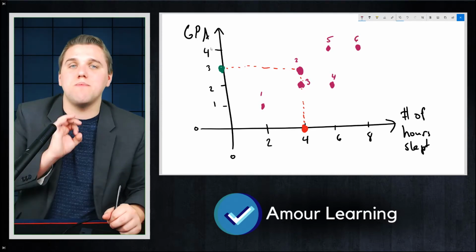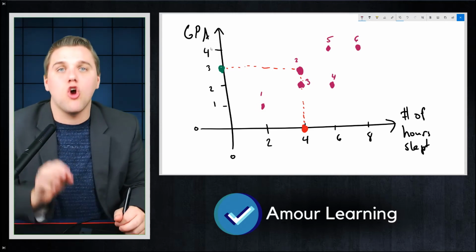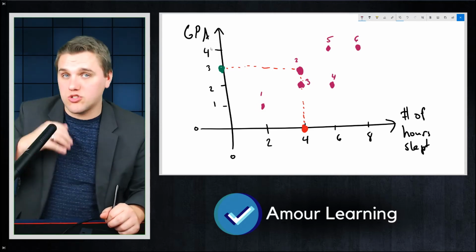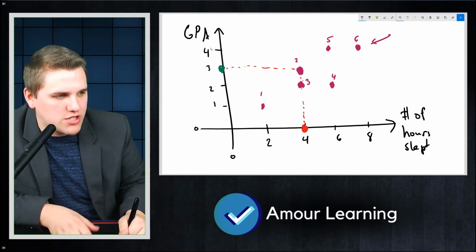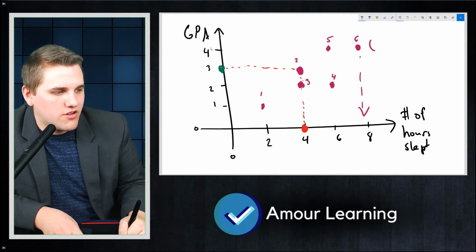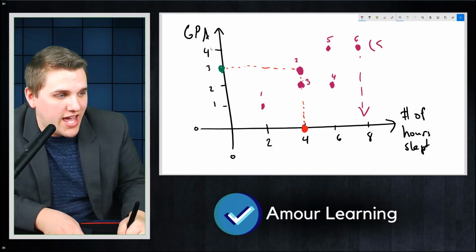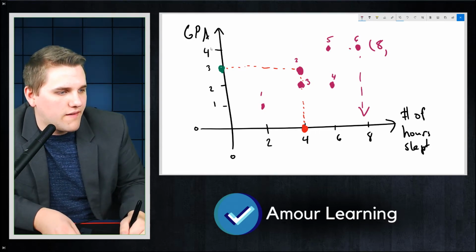And each subject, we measured two quantities simultaneously. And each of these points represents those two quantities at the same time. For example, this point right here represents a number of hours of sleep of 8 and a GPA of 4.